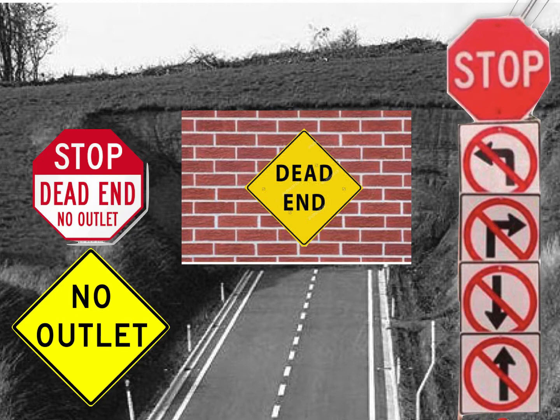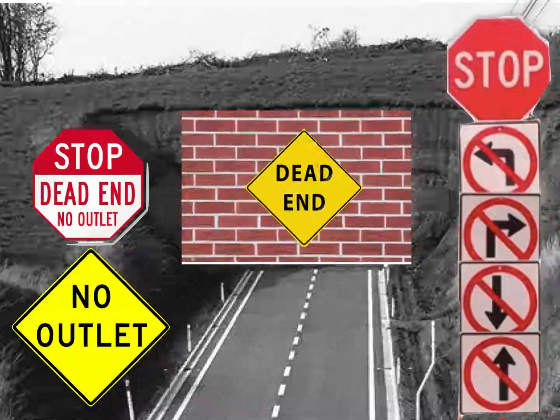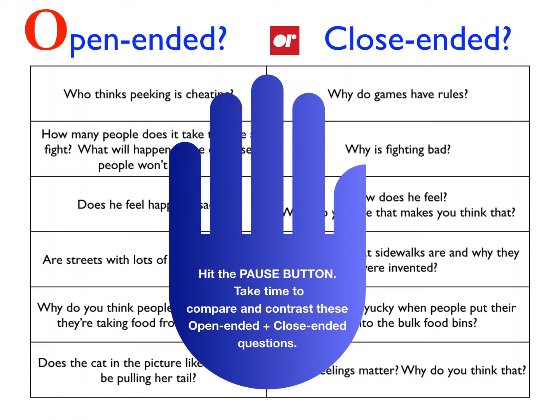Or how would you have felt if your teachers had asked you and your classmates more of those open ended questions? All right, in just a moment, this hand covering the chart is going to go away. And once it does, you can hit the pause button for as long as you need to compare and contrast these open ended and close ended questions. When you're ready, just start the lesson up again.